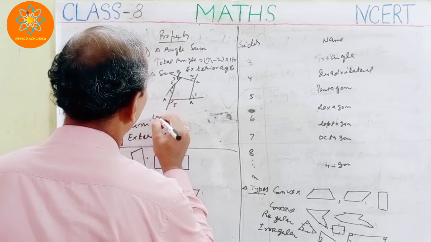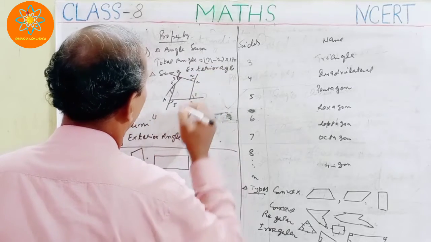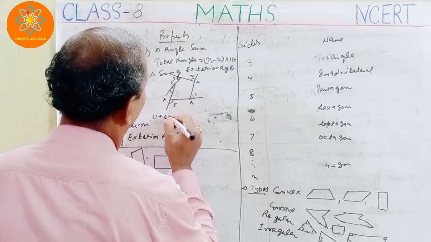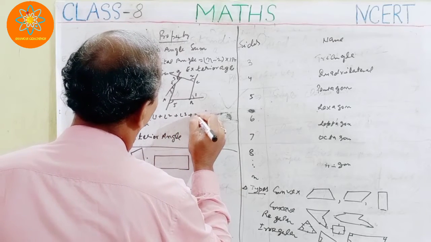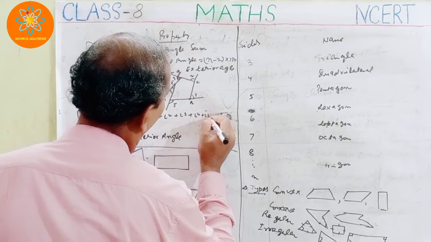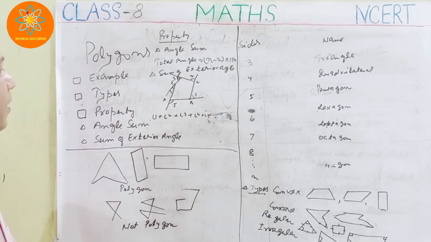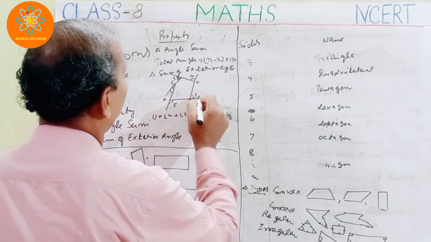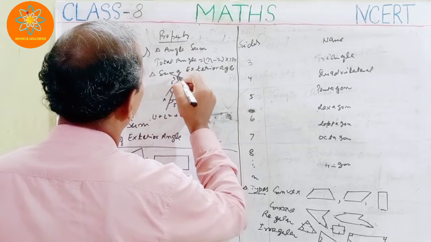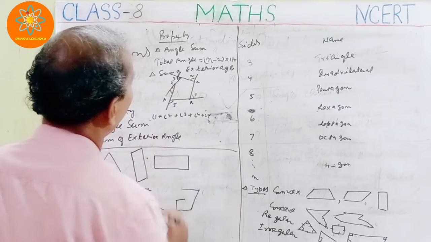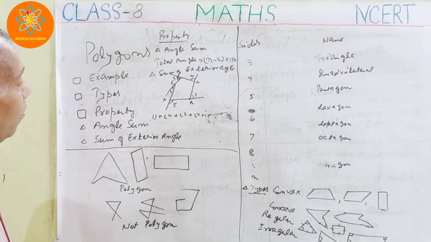Angle 1 plus angle 2 plus angle 3 plus angle 4 plus angle 5. So I am starting from A to B, then B to C, C to D, D to E, and again E to A. So I am taking the sum of the exterior angles.